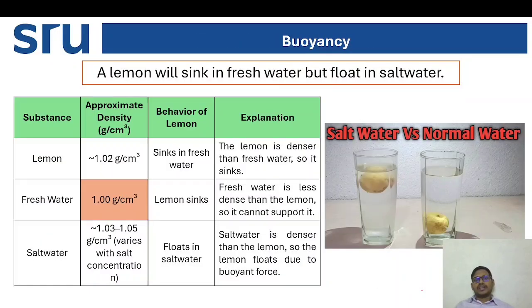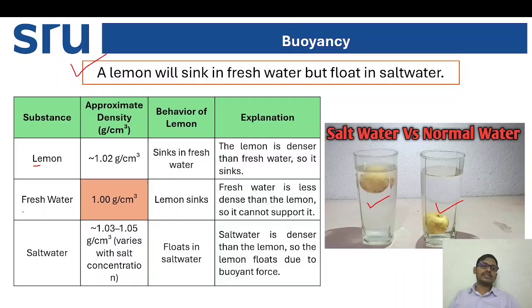Now you can see one more concept called buoyancy force. A lemon will sink in fresh water but floats in salt water. If you need, you can try. If you have fresh water, then the lemon will sink. If you add salt, it will float.